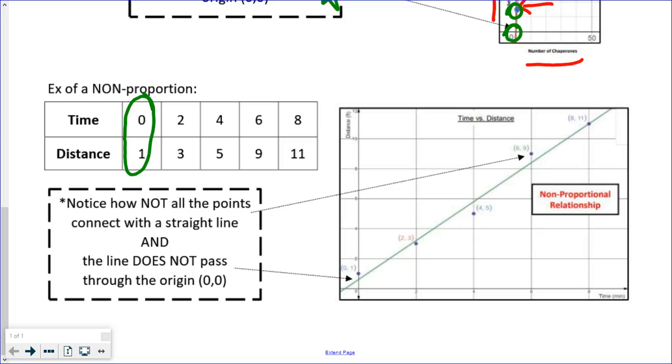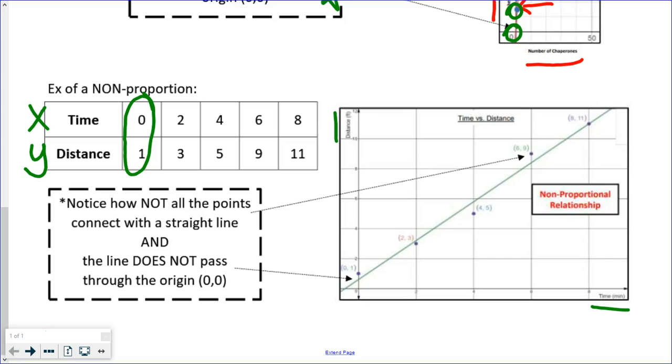Time is my x value, distance is my y value. So the first clue that right away tells us not a proportion is when time is 0, distance is not also 0.